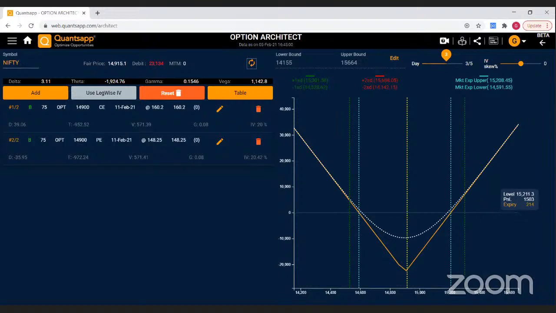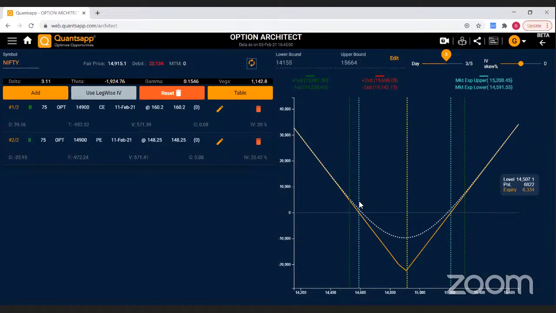Now we're going to look into the volatility. We have seen the days to maturity, that is theta value. We have seen the delta, the change in the option premium as the underlying moves, so eventually your profit and loss will increase. Now we're going to see the IV, volatility, and why volatility is so important.